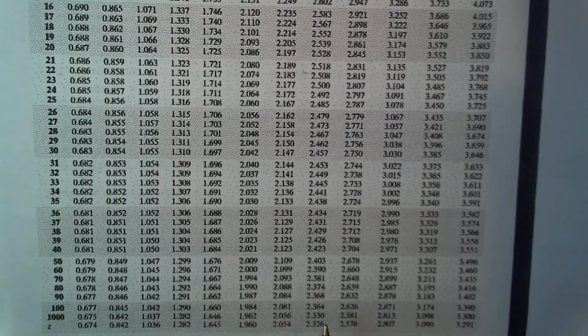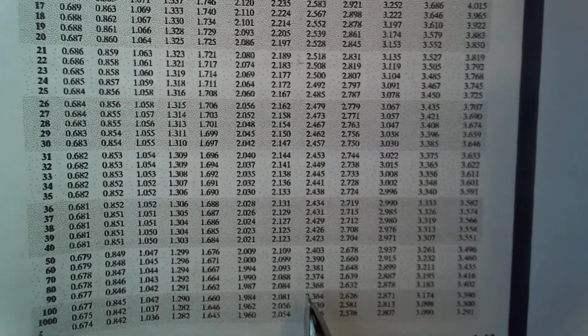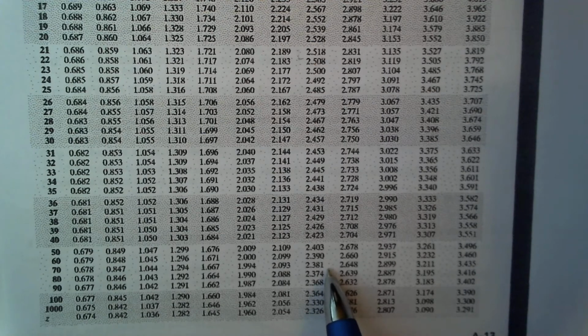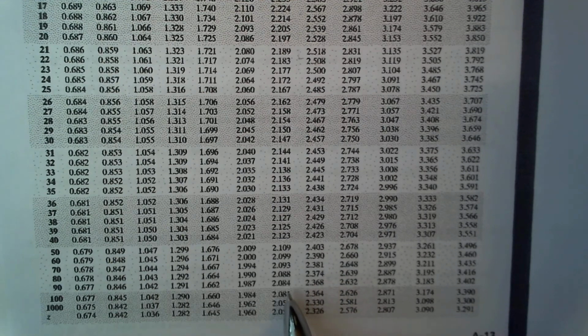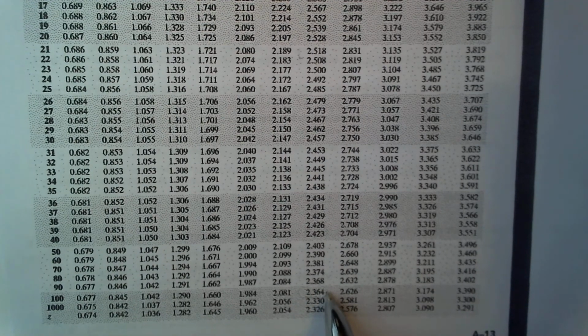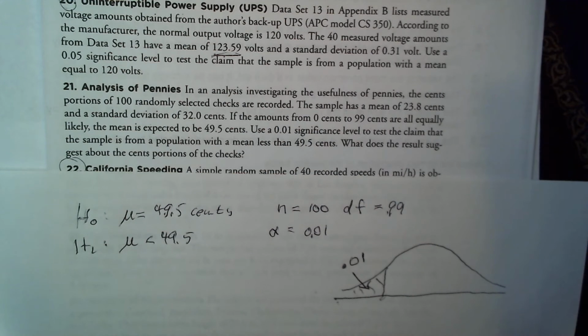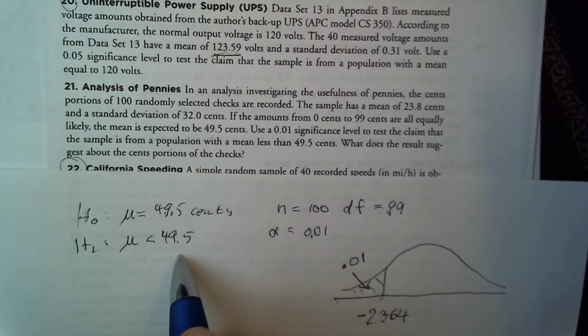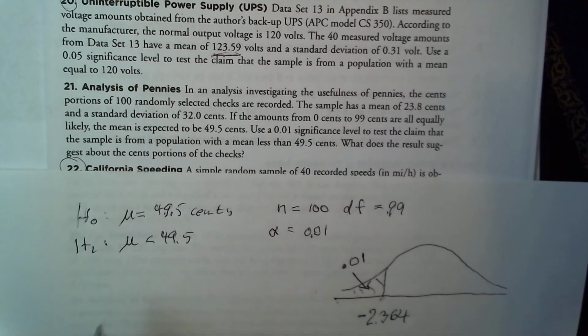Let's see if we can view here. Okay, here we go, 2.364. So that's our critical value, and it's of course on the left, minus 2.364, since we have a left tail distribution from looking at the alternative hypothesis.